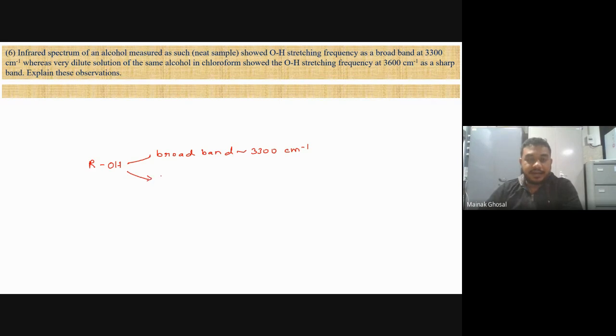Whereas a dilute solution in chloroform shows OH stretching at about 3600 centimeter inverse, and also it is sharp.